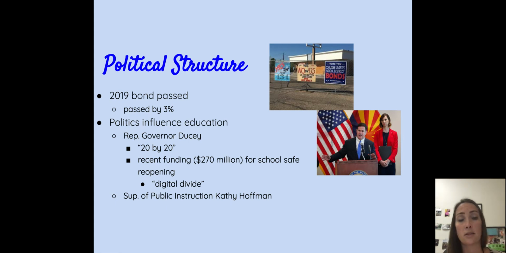That stemmed from our Red for Ed movement many years ago, and teachers actually did a state walkout. He also passed recent funding, $270 million, for a safe reopening COVID crisis plan. His platform there was to minimize the digital divide and open schools safely in different phases during this uncertain time.